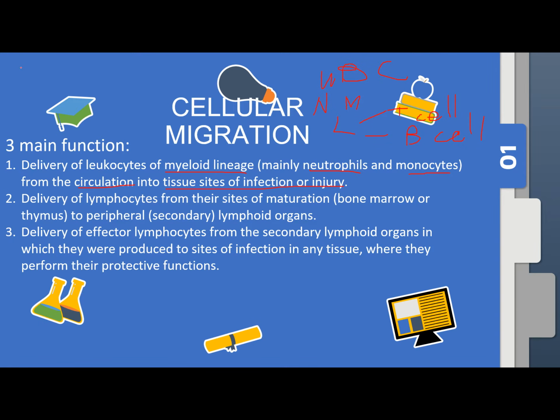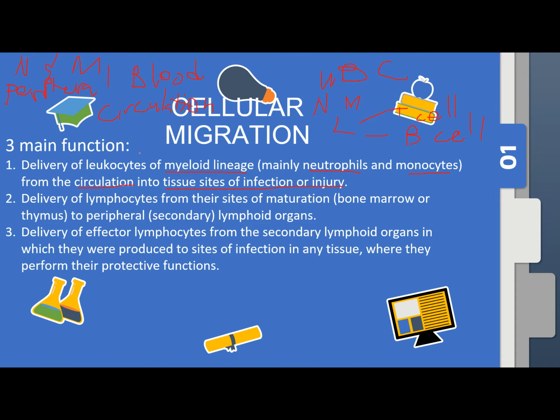Now, the neutrophils and monocytes are typically found in your peripheral blood. When you say peripheral blood, we're talking about your blood vessels or your circulating blood, or the circulation. So the neutrophil and the monocyte would just continuously circulate along with blood.